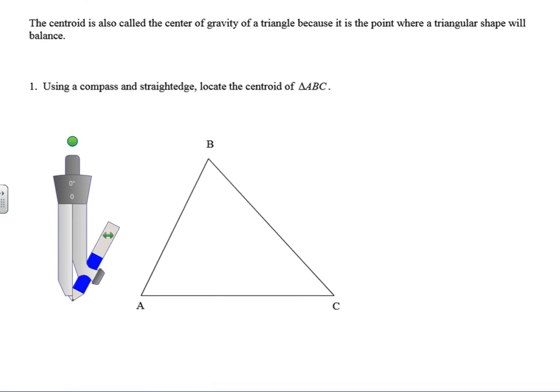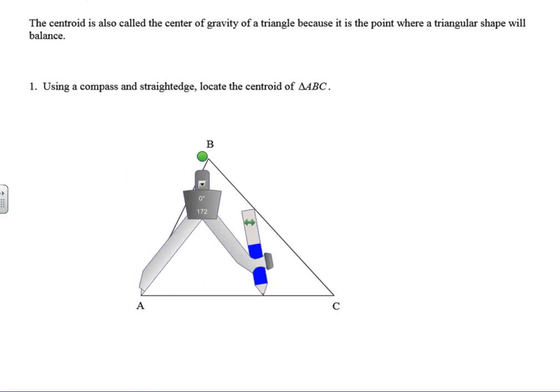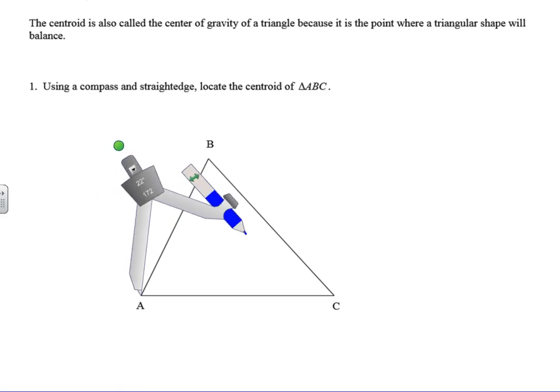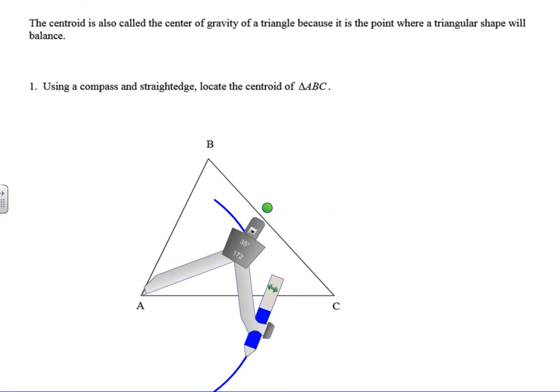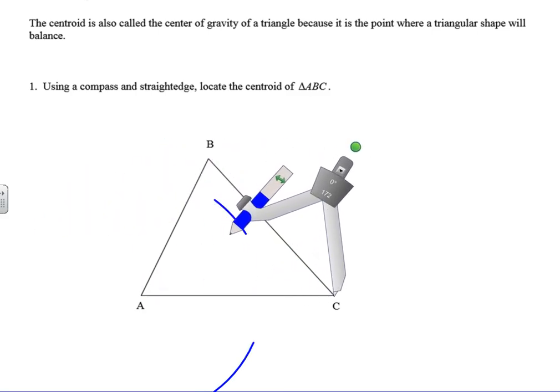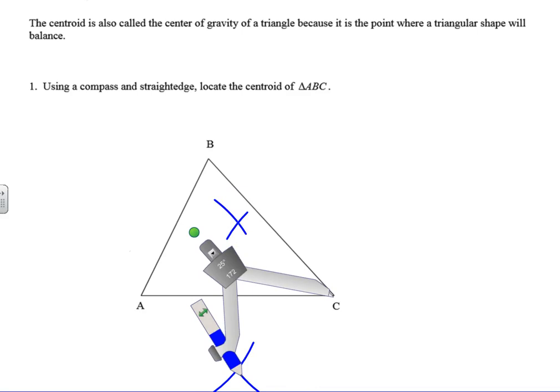So let's go ahead and construct this now. Again, a median goes from a vertex to the midpoint of the opposite side. I start off a little bit like I'm going to do a perpendicular bisector, because a bisector will get me to the midpoint. I'm not going to draw the whole surfboard this time.